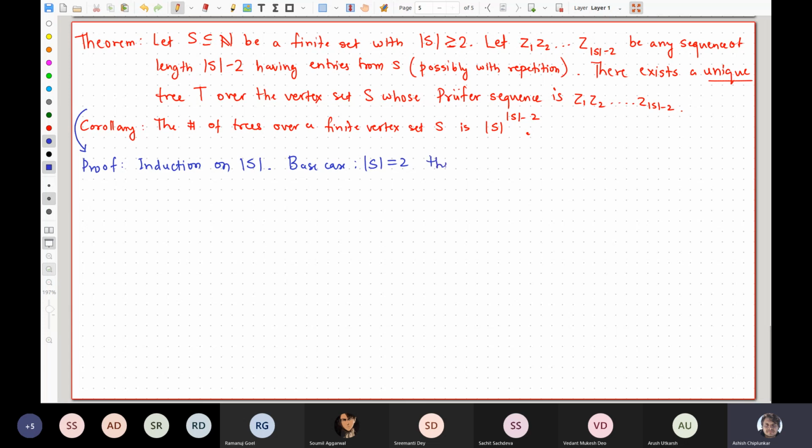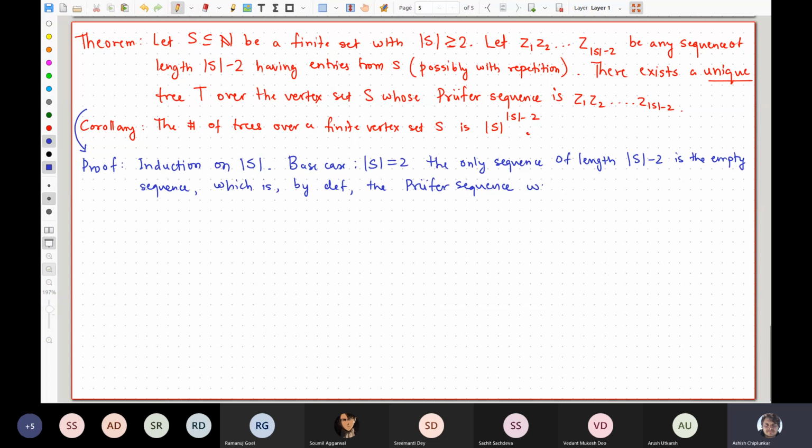The only sequence of length size of S minus 2 is the empty sequence, which is by definition the Prüfer sequence of the only tree with vertex set S. I hope the base case is kind of trivial.